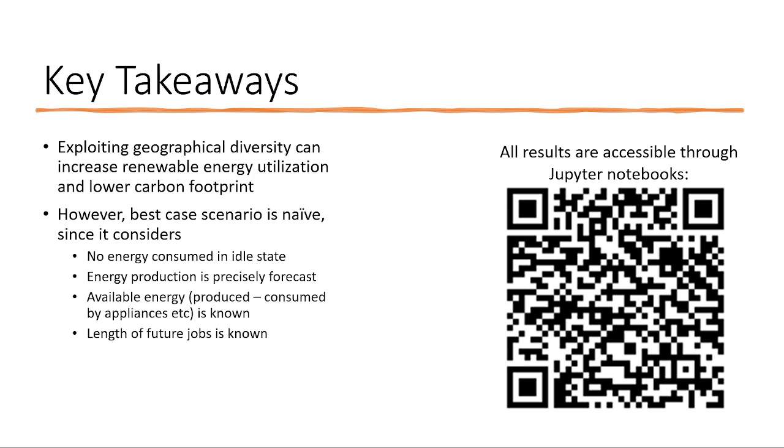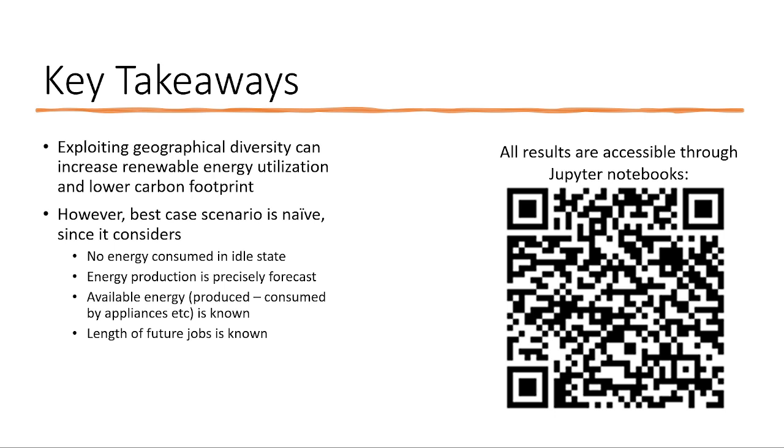Using geographical diversity can increase renewable energy utilization and lower carbon footprint, which is a plus. However, the best case scenario is naive, since it considers that no energy is consumed in idle state, while actually the idle state consumes energy. Energy production is forecast in a perfect manner.